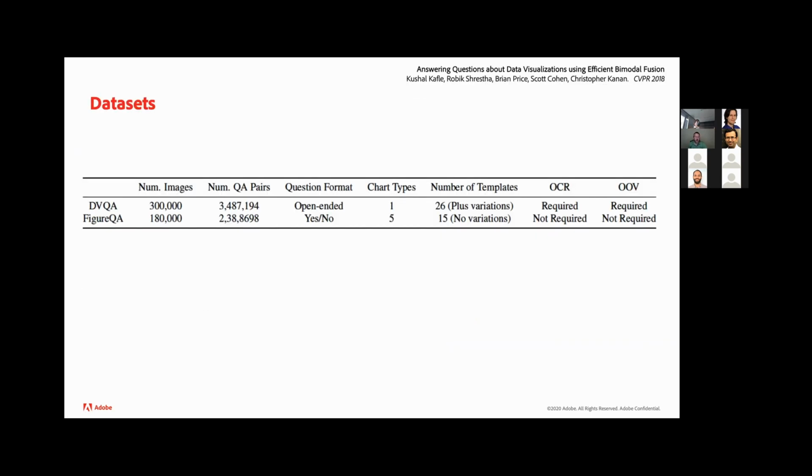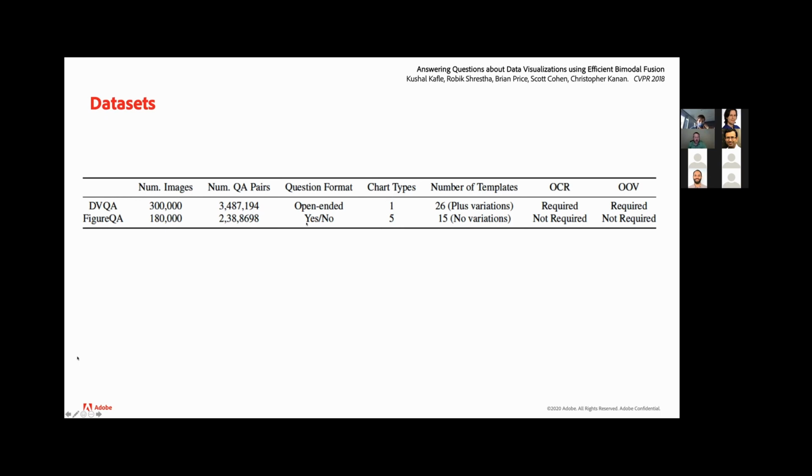I do want to point out the differences. So they're fairly similar in size, of number of images and questions, a little bit more for our data set. The big advantage of the FigureQA is it actually had 5 different types of charts. So it had pie charts and line charts and a couple others in addition to the bar charts. Well, we only had bar charts.